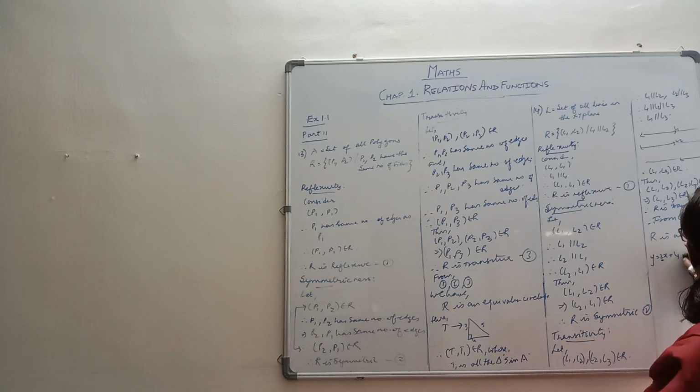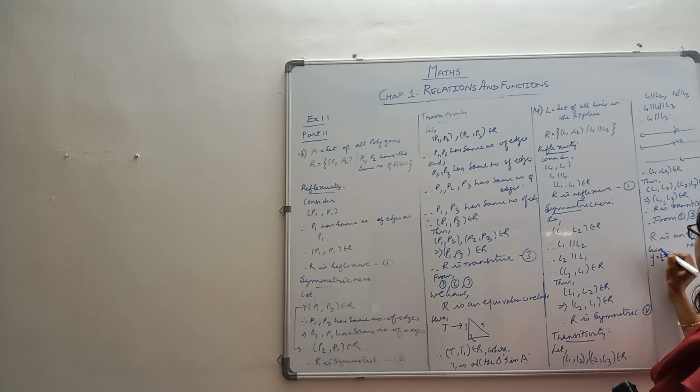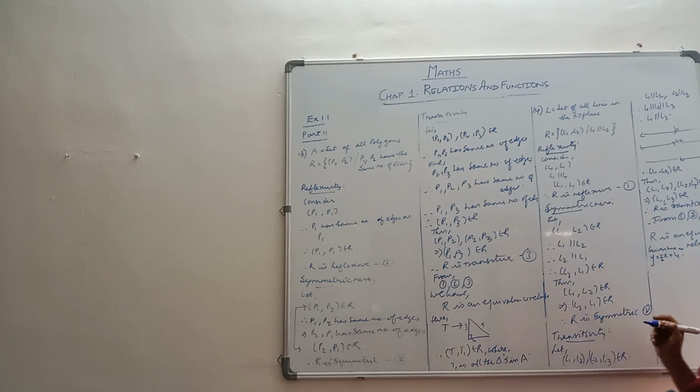So we write: the given line is with slope 2. We know that parallel lines have equal slopes. So any line related to the former, meaning the first one, has slope 2.